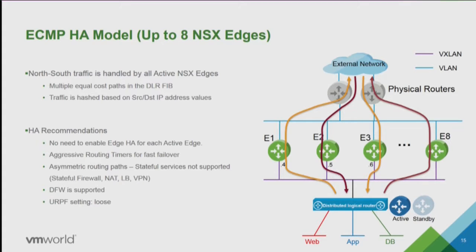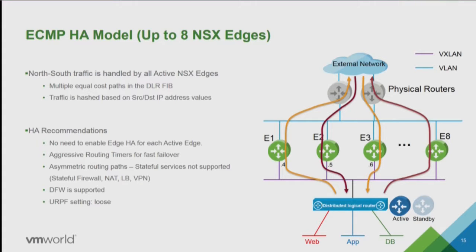And the point is that on one way, the edge is selected by the DLR. On the way back, it's done by the physical router. So that's why you can also have asymmetric routing in this case. And that's also why we do not support stateful services, because we cannot ensure that traffic egressing the logical space on one router comes back on exactly the same edge.